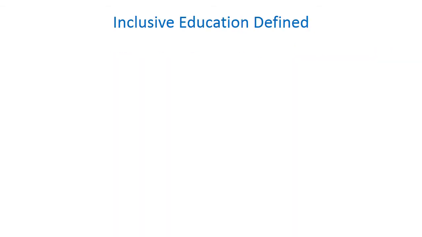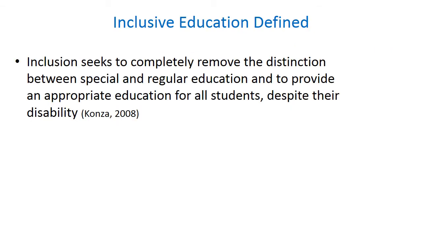When we think about inclusive education, we can consider what Konza wrote in 2008, that we want to remove the distinction between special and general education, because in inclusive education we're providing an appropriate education for all students.